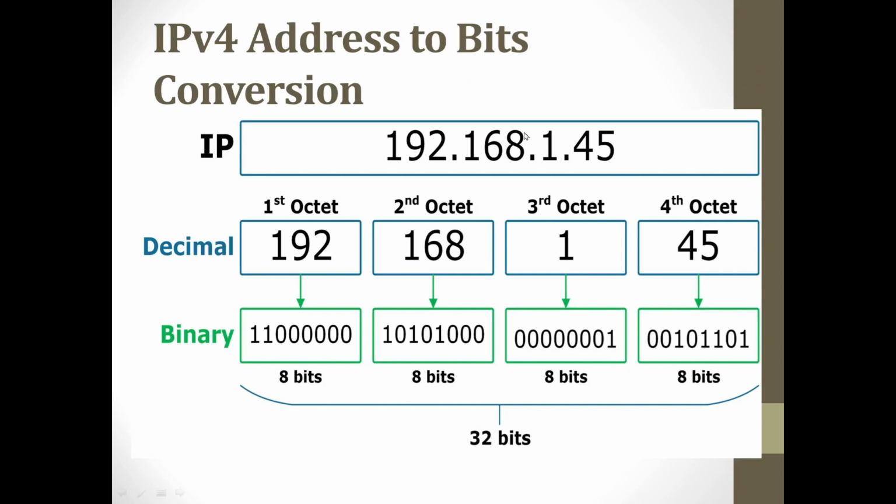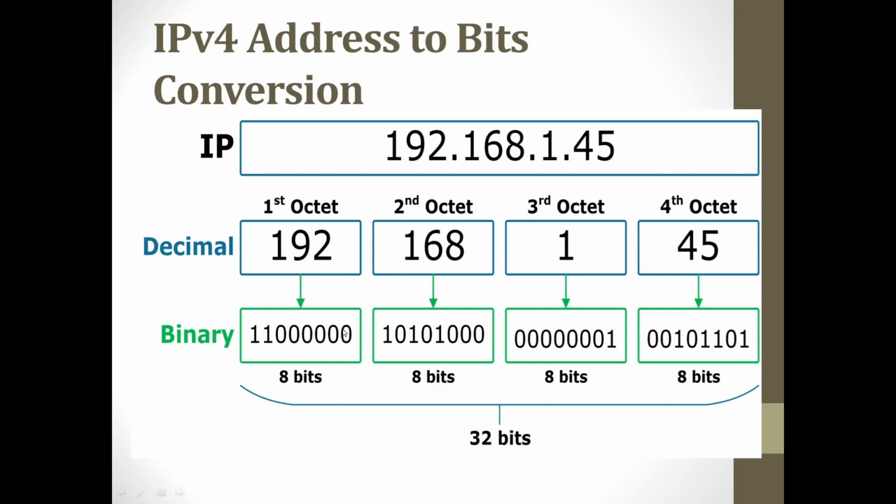So next one is IPv4 address to bits conversion. The IPv4 address is a 32-bit, 4-octet address. Every octet is of 8 bits. So if you break an IP address like 192.168.1.45, the first octet 192 can be represented in binary like 11000000.